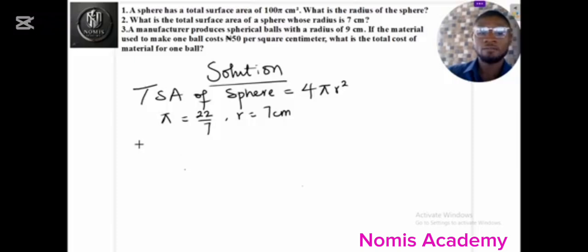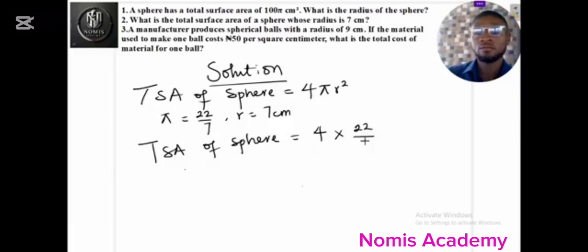So let's apply the formula. Total surface area of this particular sphere is 4 multiplied by 22 over 7 multiplied by 7 centimeter multiplied by 7 centimeter, because we have 7 centimeter squared.